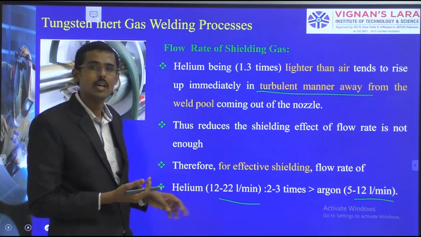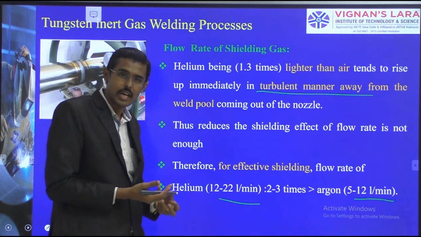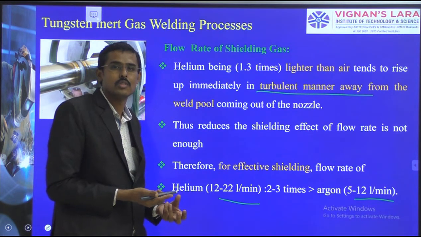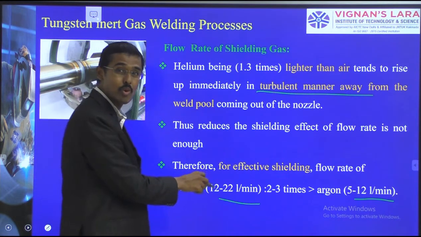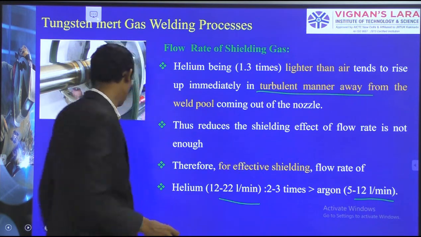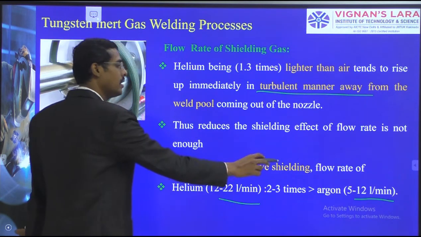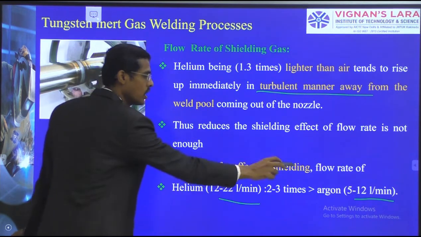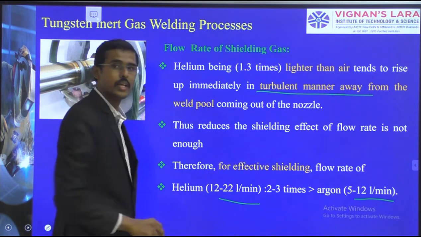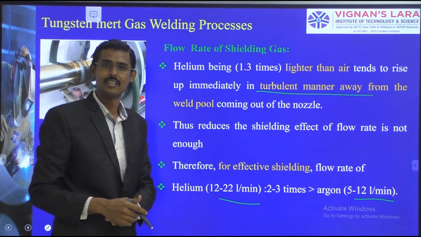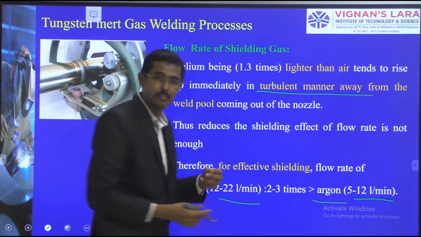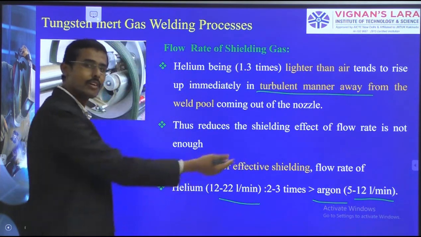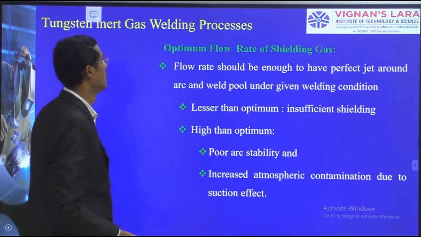Helium, being lighter, can be useful in the upward and overhead positions. Helium consumes more, argon consumes less. With argon we get moderate arc stability, moderate heat transfer, moderate speed, but the cost is less. Therefore argon is preferable when compared to helium for the downhand positions.